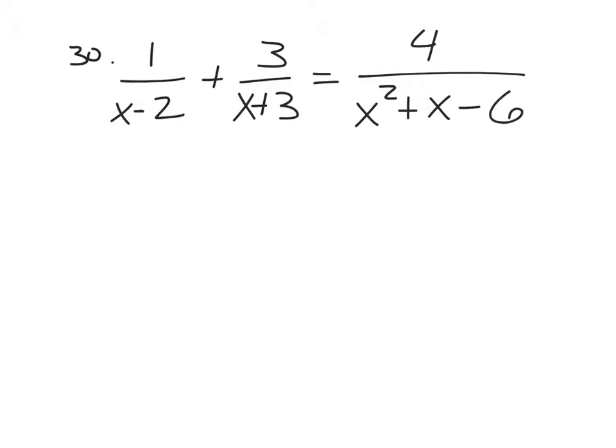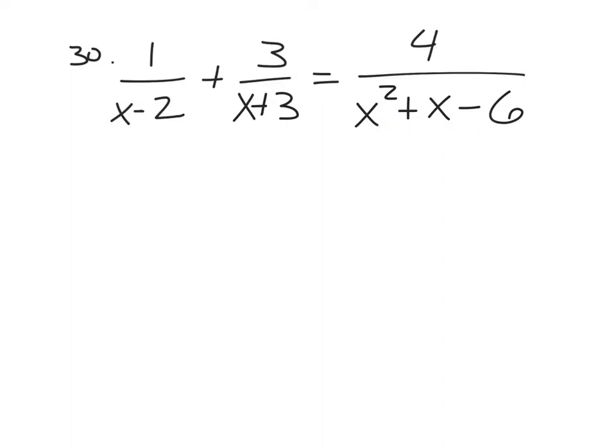All right. So again, you're totally welcome to get a common denominator over here. We could multiply 3 by x minus 2 and 1 times x plus 3, and then we could combine them and then cross multiply, but that would be somewhat obnoxious because I just want to get rid of all these denominators. So I'm looking at this and I say, hey, you know what, I can factor.